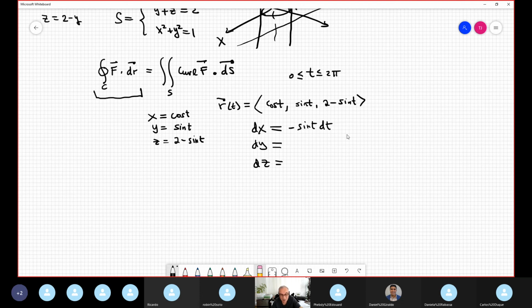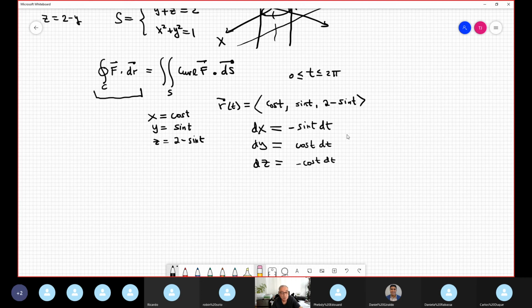What is the disadvantage? The disadvantage is that the algebra at one moment becomes heavy. Now you see, wow, make a mistake. Everyone may make a mistake. Derivative of y, sine, is cosine t. And derivative of z: derivative of 2 is 0, and derivative of sine is cosine, but we have a minus in front, so minus cosine t.